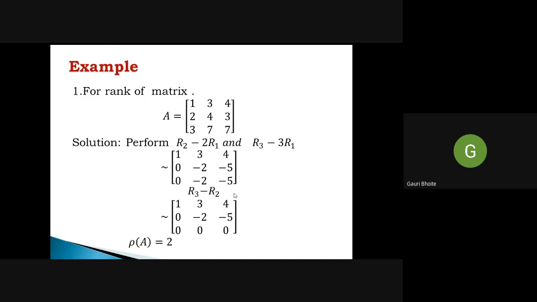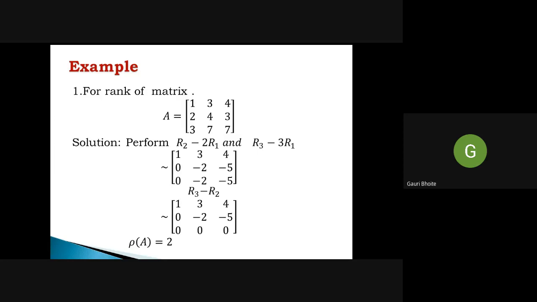Now, if you observe this equivalent matrix we obtained from A, it is the row echelon form of matrix A. Again it is an upper triangular matrix, all elements below the diagonal are 0.